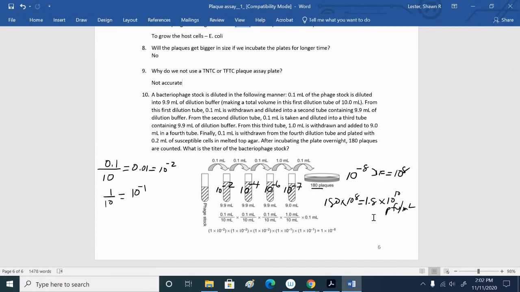So questions on how we did this? So 1.8 times 10 to the 10, how big is that? What would that number be?